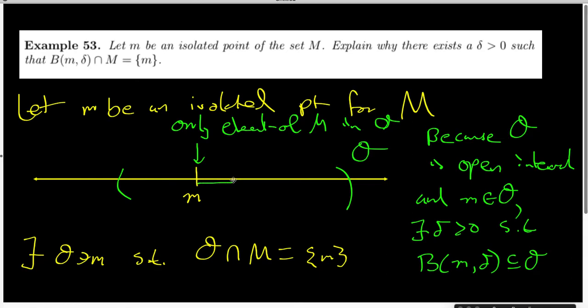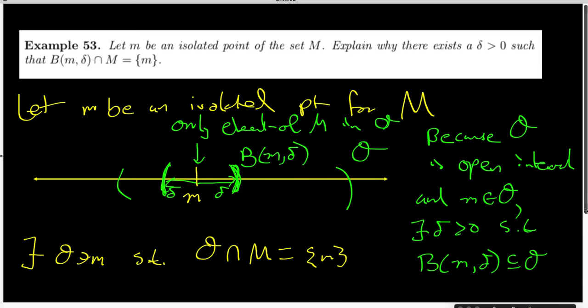We'll go out delta in this direction, and we go back delta in this direction. This particular interval here is the delta ball centered at m of radius delta.